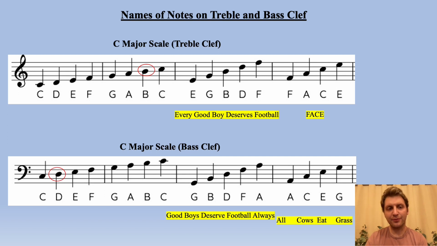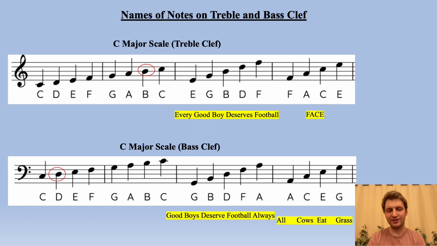Quite like the English alphabet, we have A, B, and then C, D, E, F, G, A, B. It follows that pattern apart from the fact we don't start on A, we start on C. And once we get to C, we repeat. So from C to C, we call that an octave, and that is made up of 8 notes.